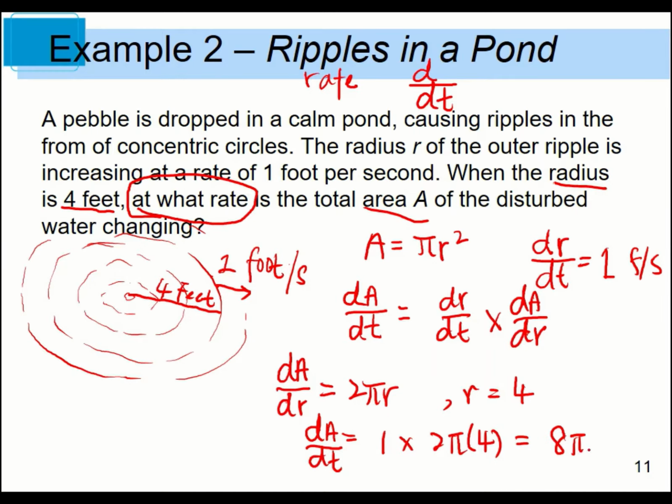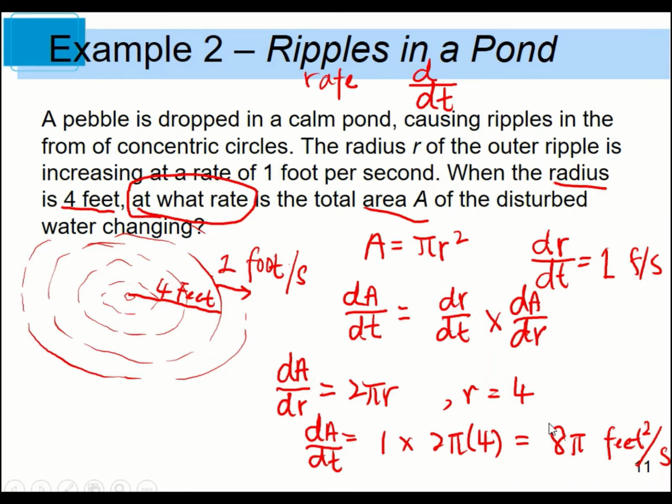So what is the unit? Since this is area over time, we have feet squared per second. So this is the rate at which the area of the ripple is increasing.